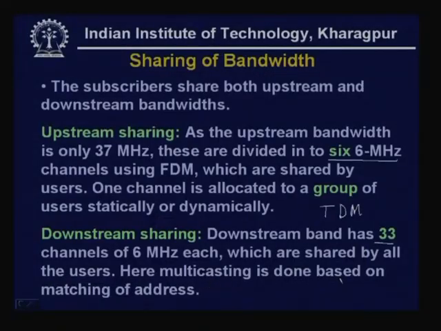So, multicasting is done based on matching of address. Different channels go to different users based on the address, because each user is provided with an address whenever he gets the HFC service.